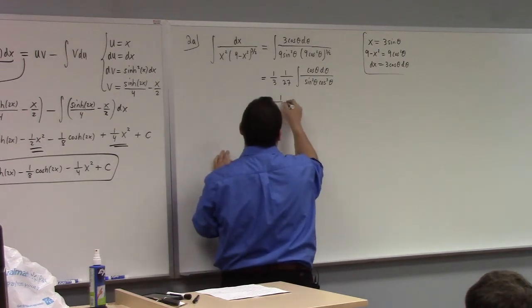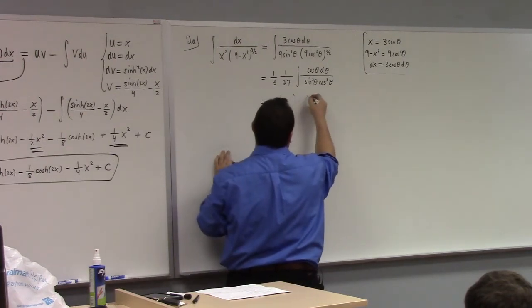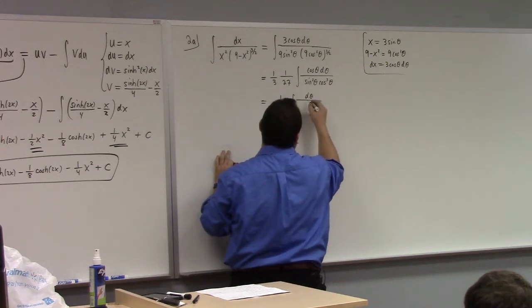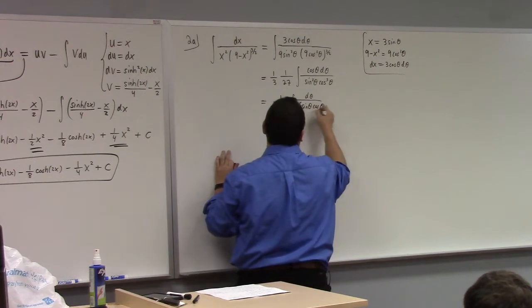Get rid of the cosine on top. So that's 1 over 81 integral of d theta, and it looks like we got sine theta cosine theta squared.